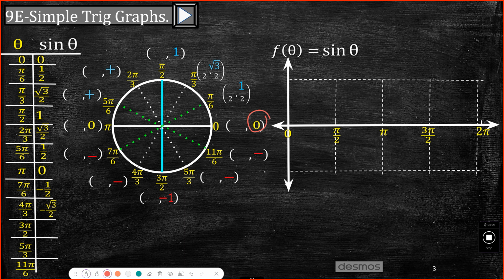William, sine 3 pi by 2. Xavier, sine 5 pi by 3.